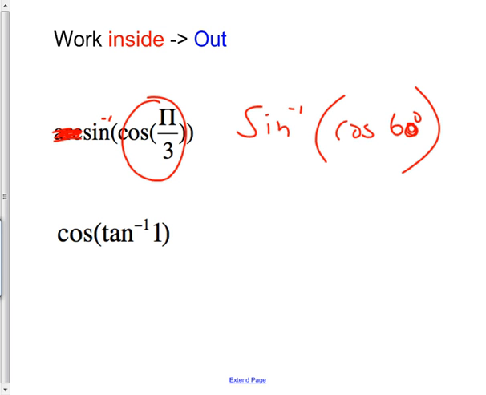Now to figure out cosine of 60, I'm going to make myself a little triangle. Oh, that's a terrible triangle. 30, 60, 90, and this would be 1, 2, square root of 3, and from cosine's perspective, cosine of 60, that one right there, cosine is adjacent over hypotenuse, which would be 1 over 2.